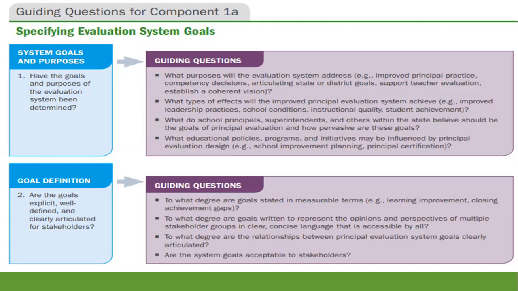Number one, to what degree are goals stated in measurable terms, for example, learning improvement, closing achievement gaps?